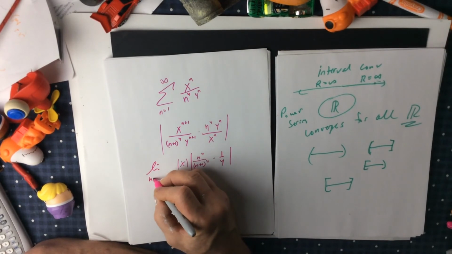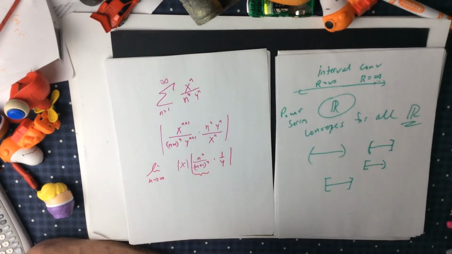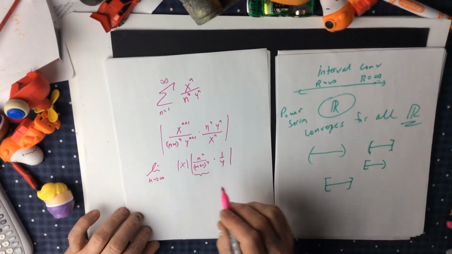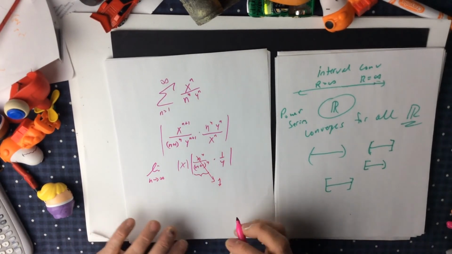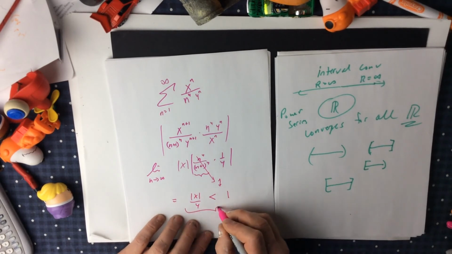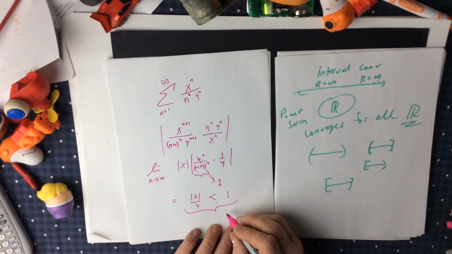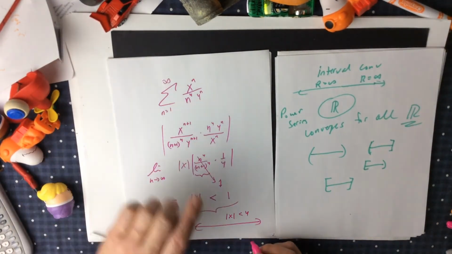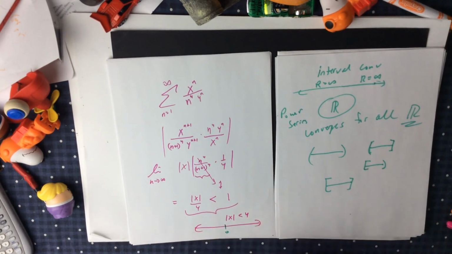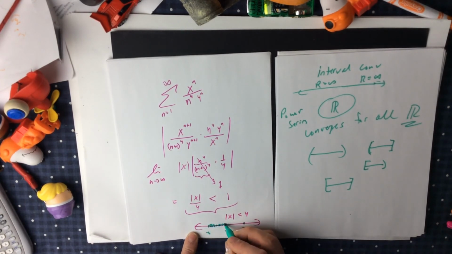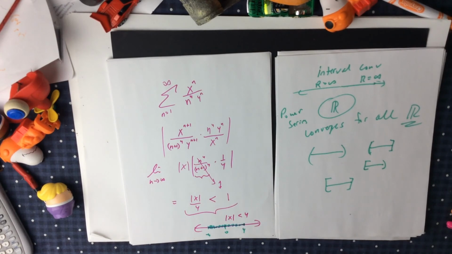And now when you want to take the limit as n goes to infinity, you're going to remember the neat little trick that when you multiply top and bottom by 1 over n to the fourth, that limit is going to go to 1. And these things become nice and simple statements like this, where the absolute value of x is less than 4, which says this is a power series that converges, centered at 0, goes all the way up to 4, all the way down to -4, and these are the values that it converges at.